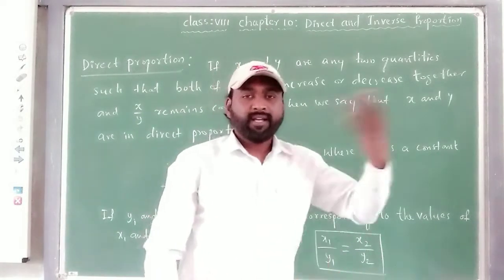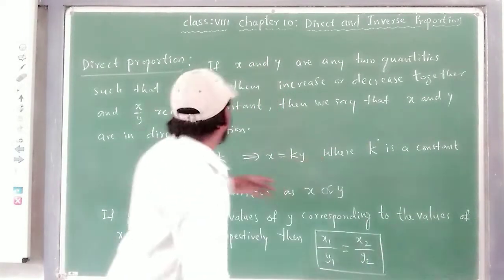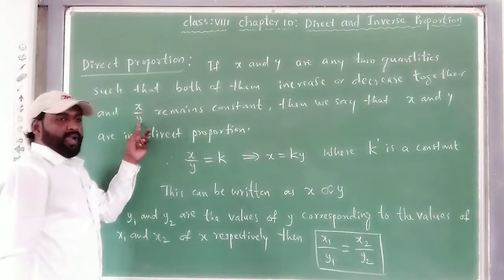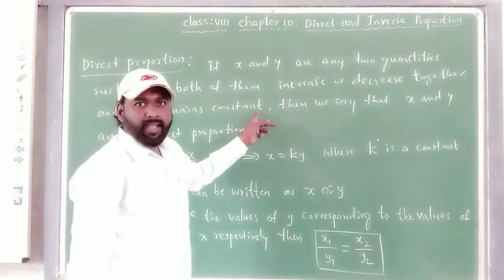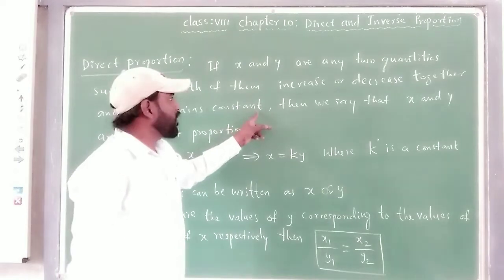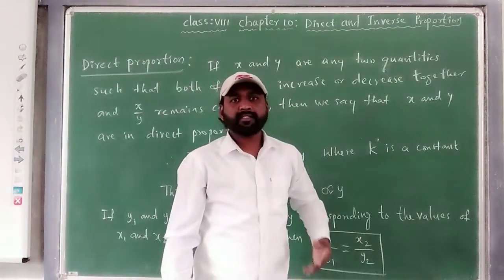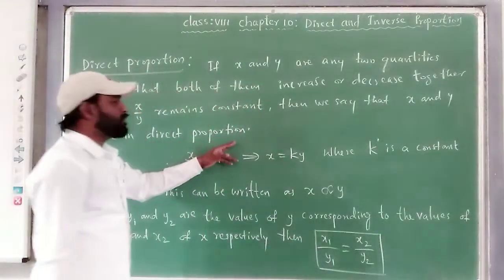If both of them increase or decrease together, then x divided by y remains constant. Then we say that x and y are in direct proportion.